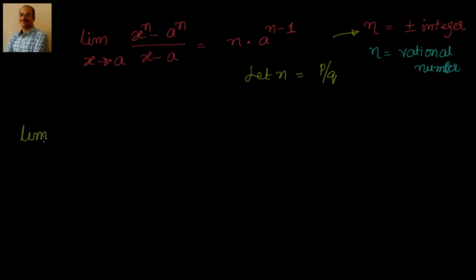So I can write this as limit x tends to a, x to the power of p by q minus a to the power of p by q by x minus a.